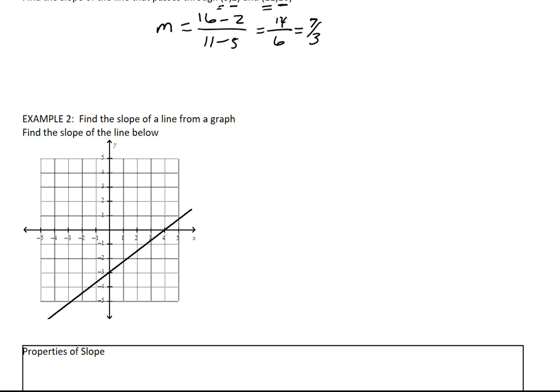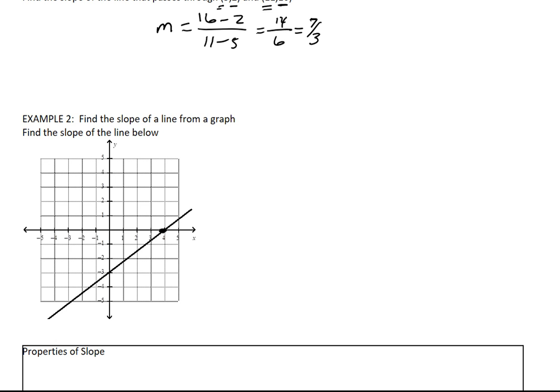Now let's find the slope of a line from a graph. When we're finding slope from a graph, what we look for are points where it crosses at one of the little crosshairs. This point in the middle is no good, because if we go to 2 here, there's a point on the curve, but we want one like right here, because that's got coordinates.